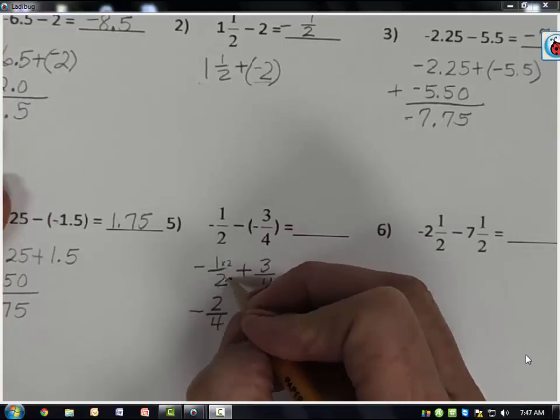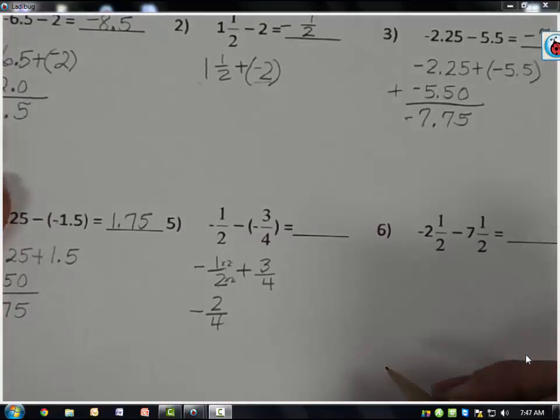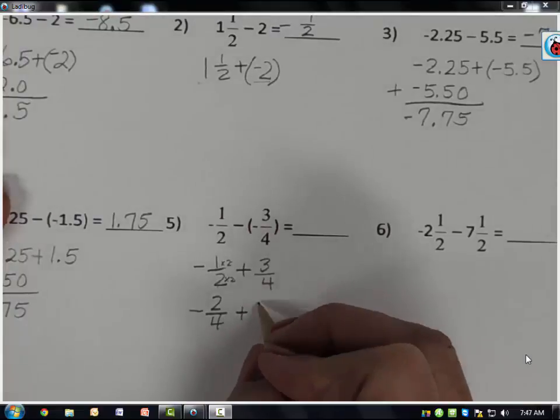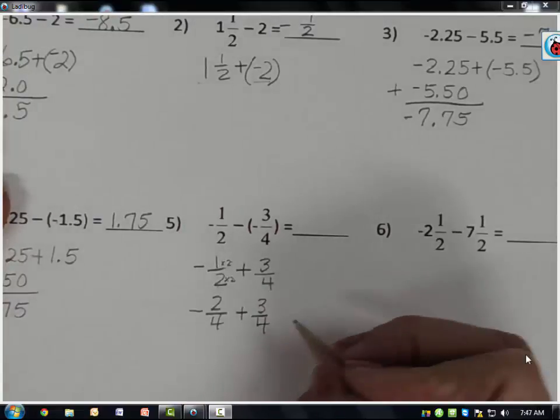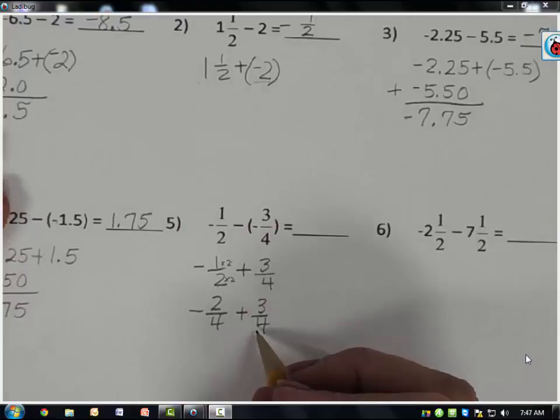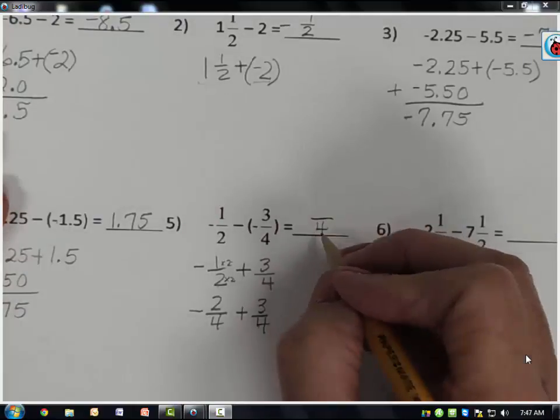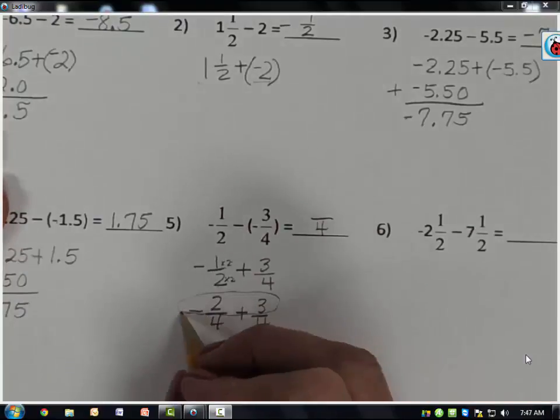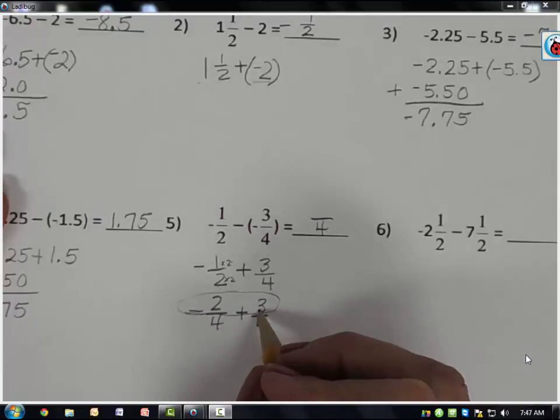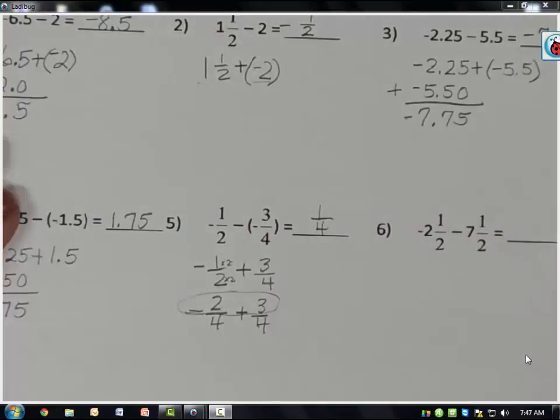So negative 2/4 plus 3/4. The denominator stays the same, so we know the denominator is 4, so we're going to add the negative 2 plus 3. Since we're adding different signs, we find the difference. 3 minus 2 is 1. And the bigger one is positive, so our answer is positive.